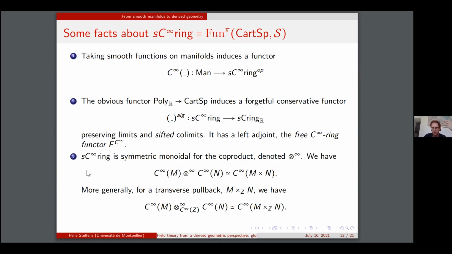But we needn't go to any sort of world of topological or bornological algebras. This just follows from the basic category theory here. So this statement here is relatively easy. This statement here is much more work.